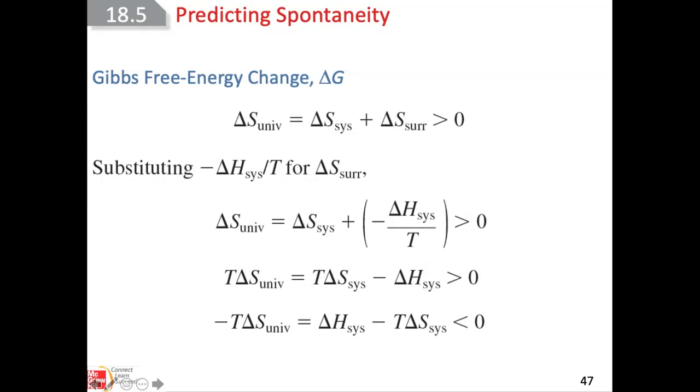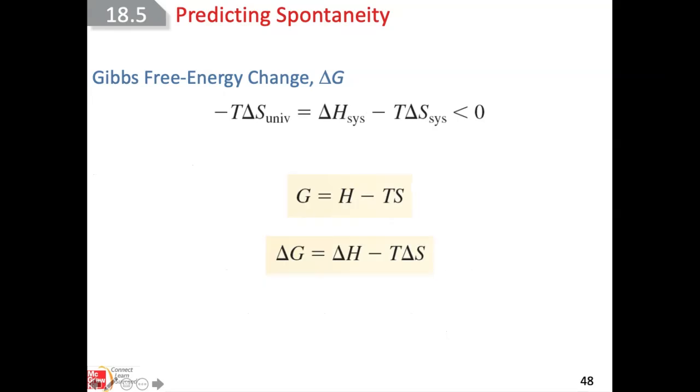So one of the important formulas for us to remember is this one. The Gibbs free energy is connected to the delta H, the enthalpy change of the system, and the delta S, the entropy change for the system.